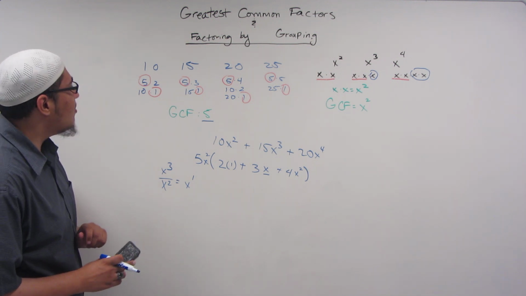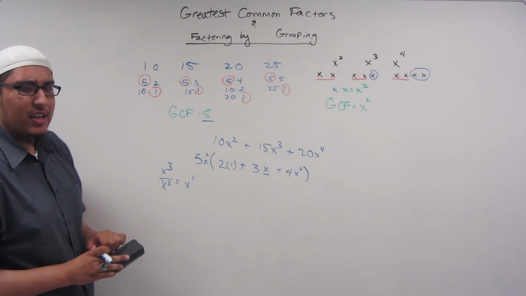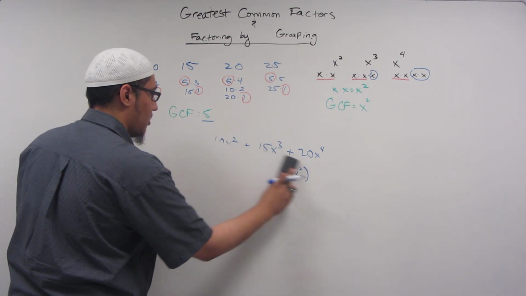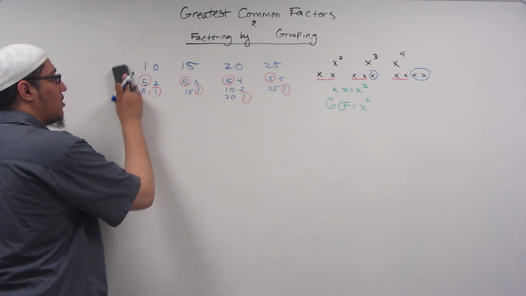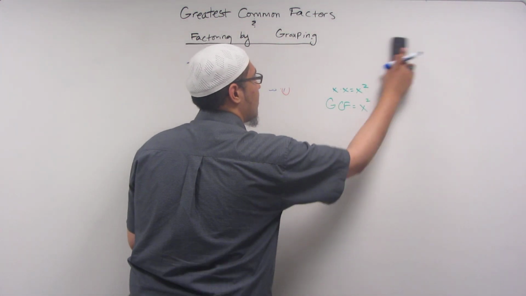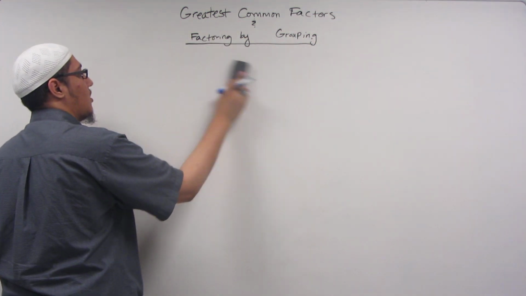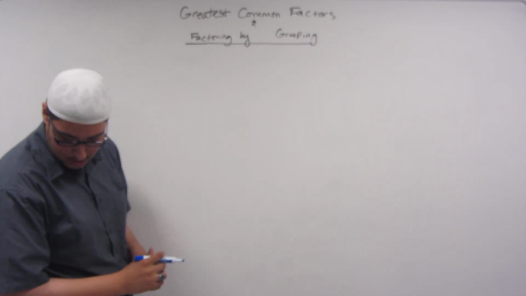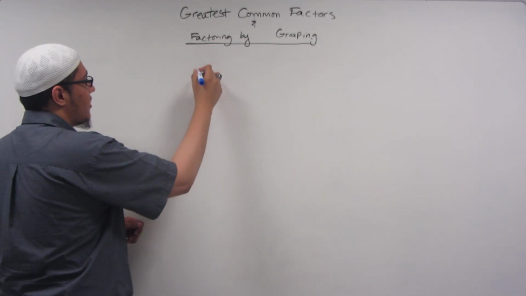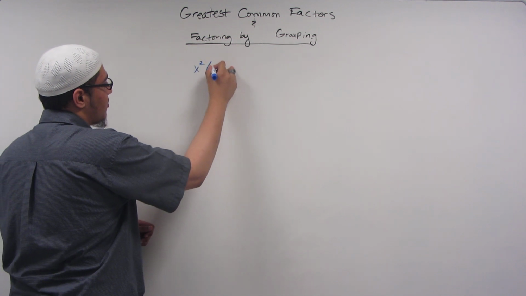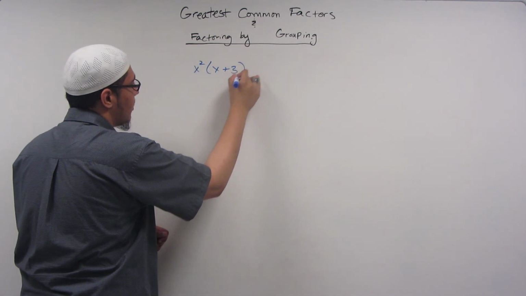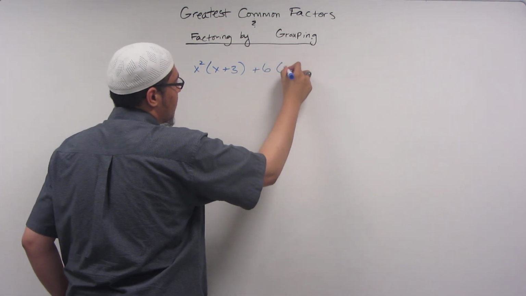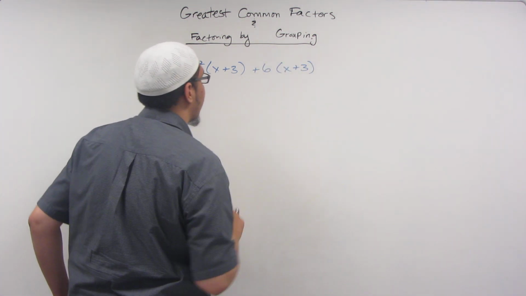Now, let's do one more example of the greatest common factors before we get into grouping. And we'll erase all of this. Now, what if we had, let's see, x squared times x plus 3 plus 6 times x plus 3.